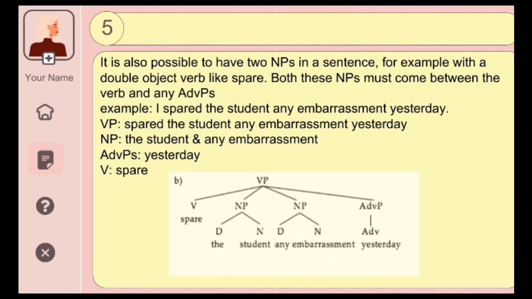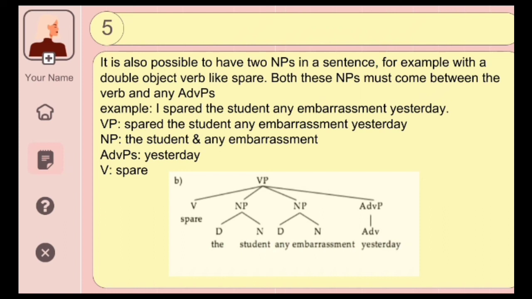So let's go with the tree. Our verb phrase is spared the student any embarrassment yesterday. Our verb there is spared. Our noun phrases are the student and any embarrassment. The first noun phrase consists of a determiner and a noun.